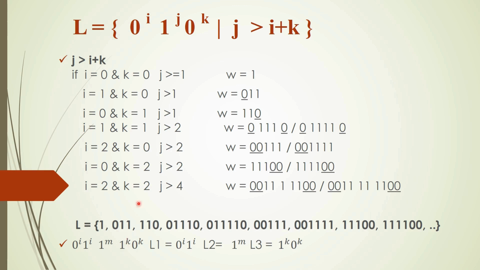It means when your 0 appears, at the same time your 1 appears with the k value, and when 0 appears with the i value, at the same time your 1 will appear over here with the i value. Okay. Now there is one more condition. It's supposed to be greater than, not equal to. If I am only writing 0 raised to the power i, 1 raised to the power i and 1 raised to the power k and 0 raised to the power k, it means they increment equally.